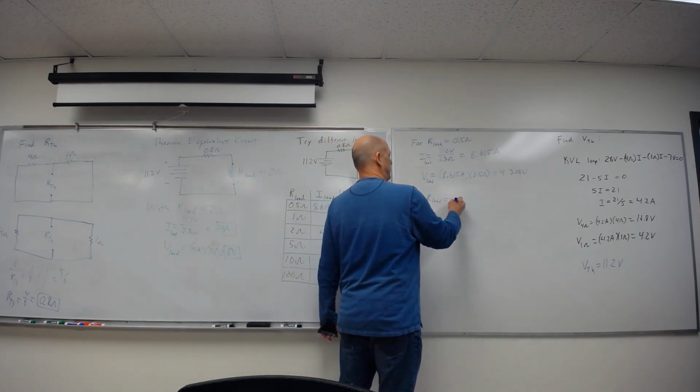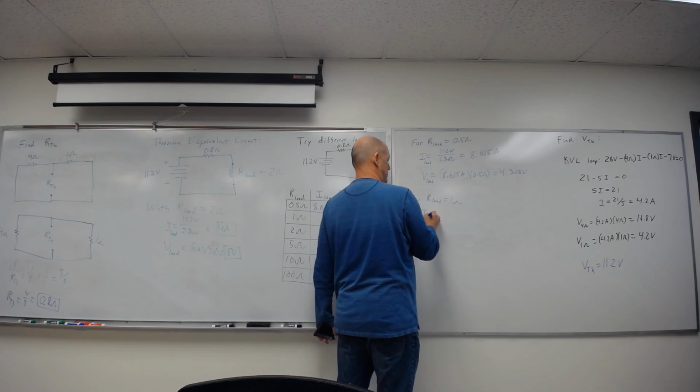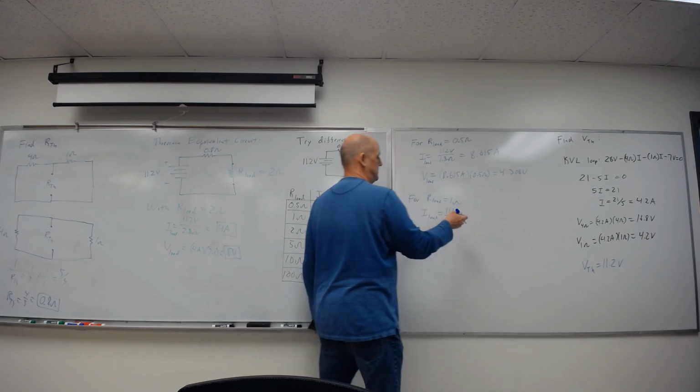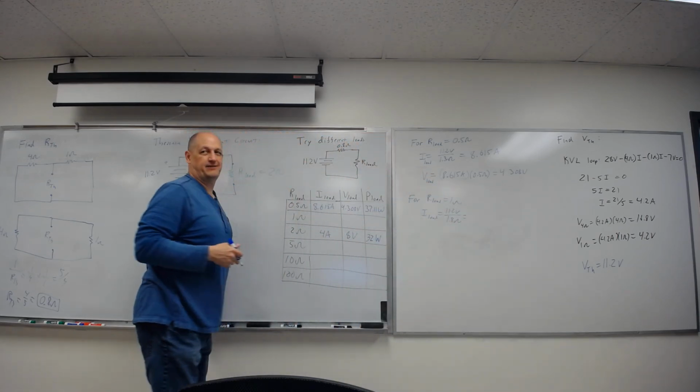For the 1 ohm case, 11.2 volts over 1.8 ohms, right? So I'm always going to take that resistor plus the Thevenin resistance.